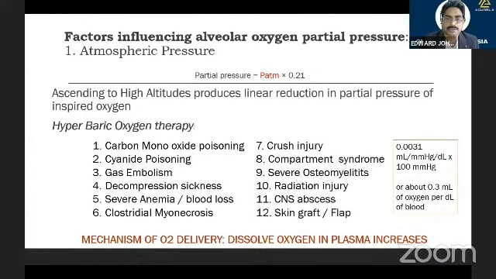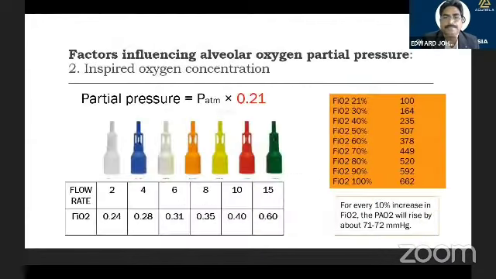Now the oxygen content of the plasma increases by the dissolved oxygen in the plasma. Remember, the hemoglobin saturation cannot be increased above 100%. So the hemoglobin-bound oxygen remains the same if you increase the atmospheric pressure; only the dissolved oxygen in the plasma increases, according to Henry's law.